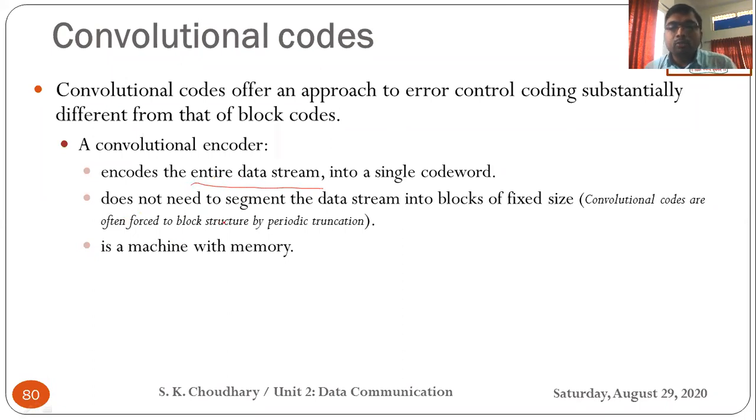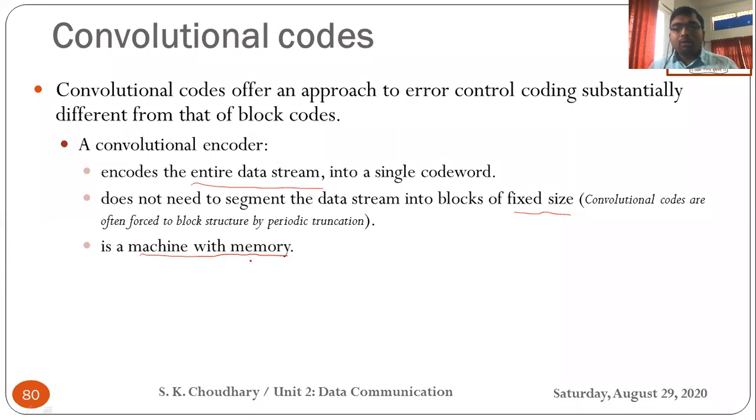It does not need to segment the data stream into blocks of fixed size like block coding. And it is a machine with memory. If you remember, in block coding the encoder is a memoryless system. A convolutional encoder is a machine with memory.